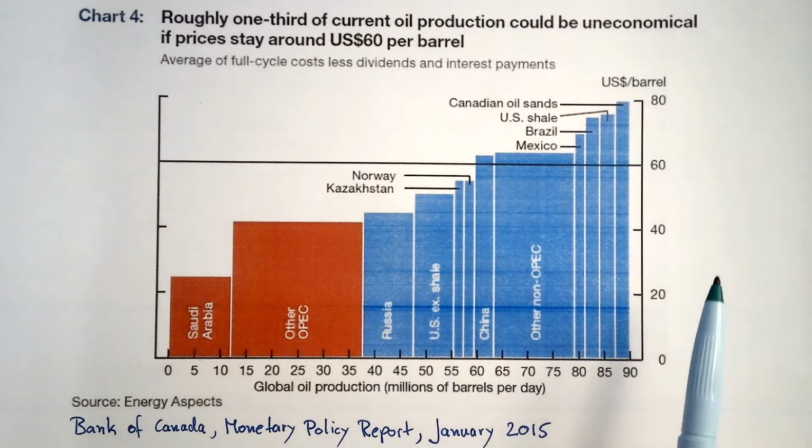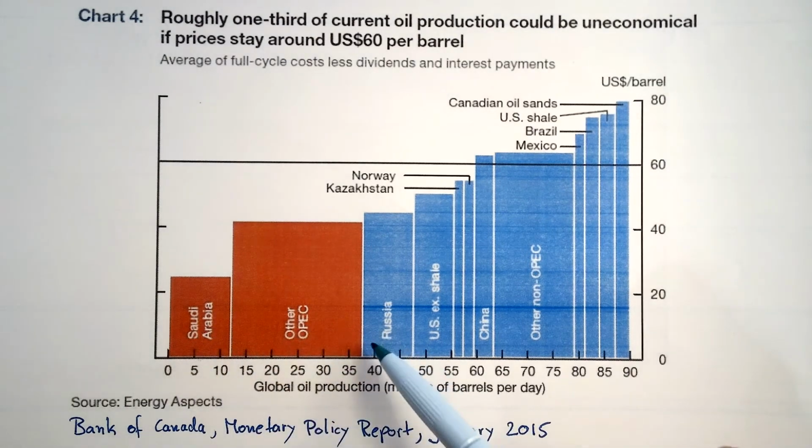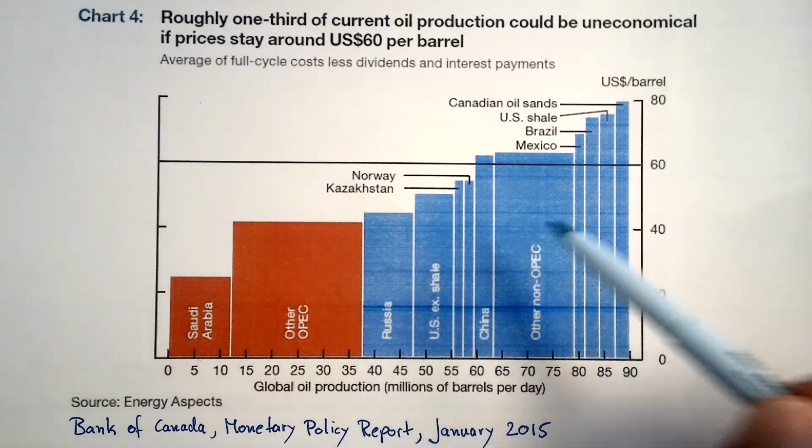Okay, so if you're thinking about this, oil production in Saudi Arabia or even in other OPEC countries is very simple because you only have to drill into the ground and you get the oil. Okay? But if your oil production is going to increase, then you are going to move from sources that are relatively cheap to sources that are getting more and more expensive.